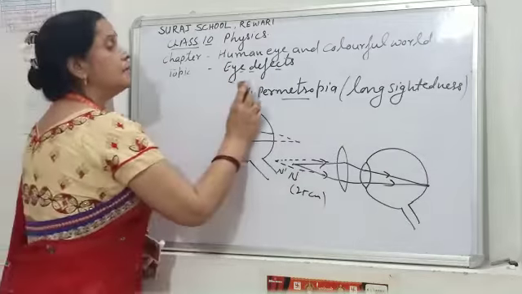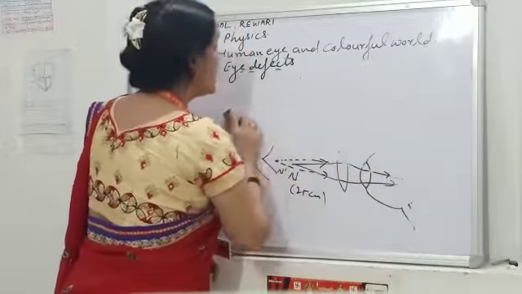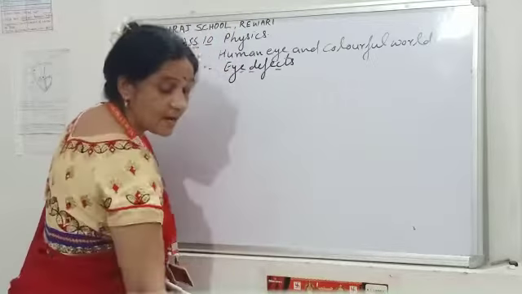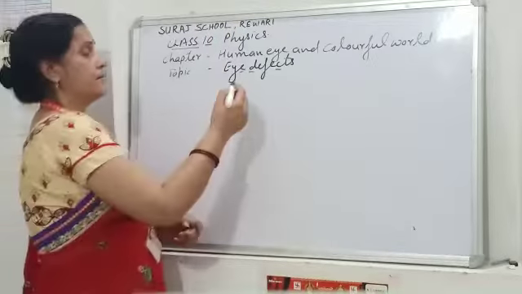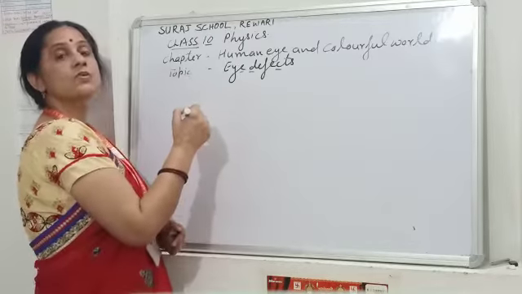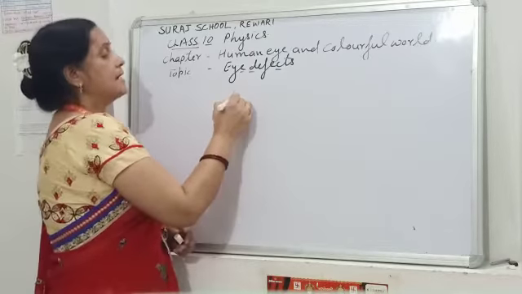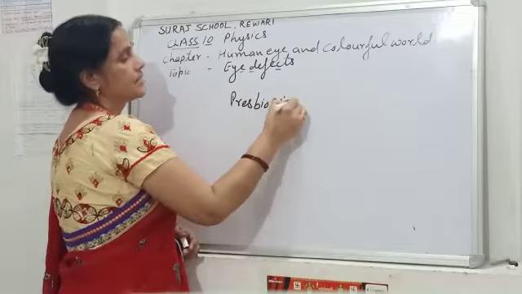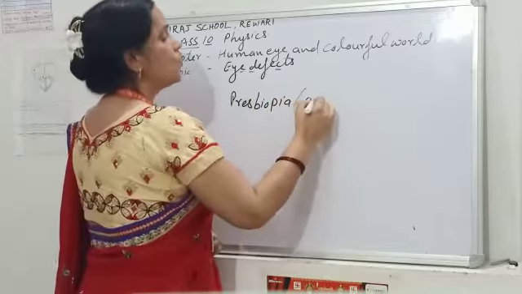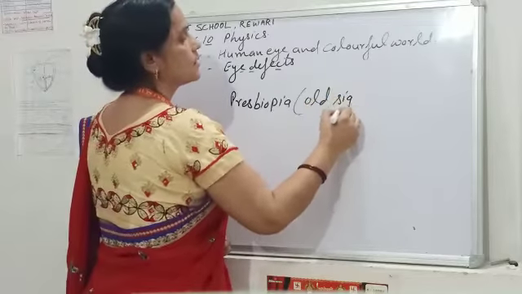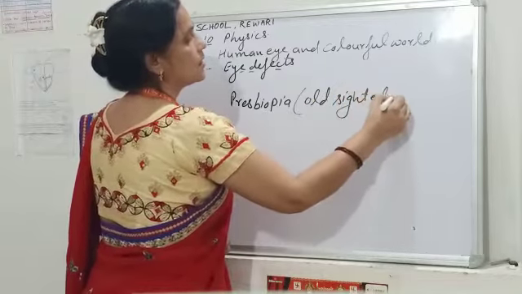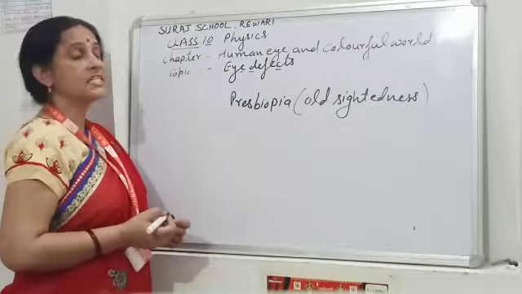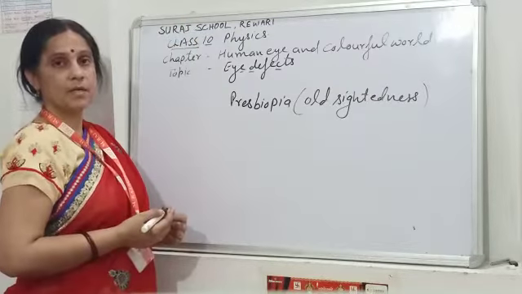Now the third type, what will happen if a person suffers from myopia as well as hypermetropia? That is also an eye defect, and that is known as presbyopia, and it is also known as old-sightedness. Because mostly in old age people suffer from presbyopia.